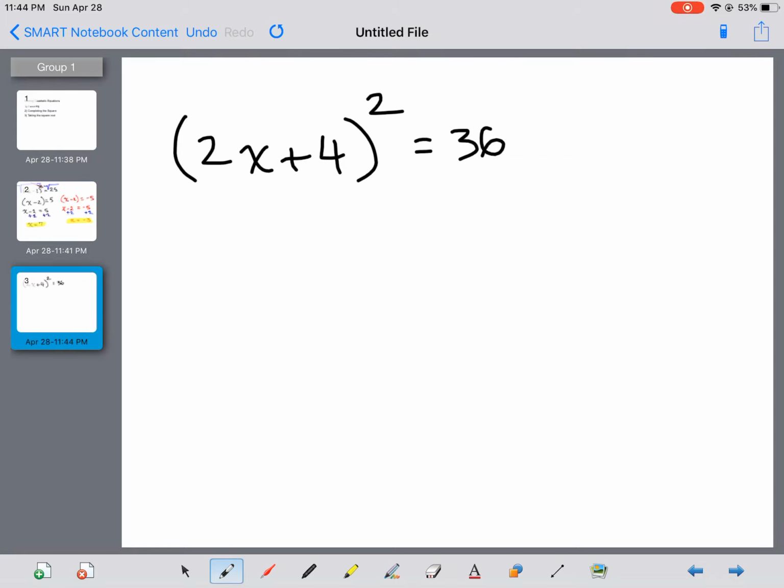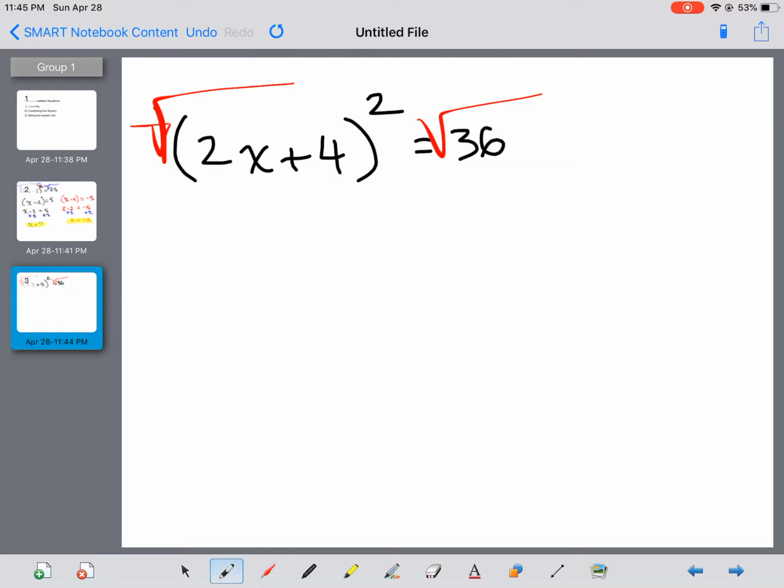Okay, so same thing, we're trying to figure out how to get x alone. And so we realize that in order to get x alone, we first have to get rid of the exponent. So we get rid of the exponent by taking the square root of each side.